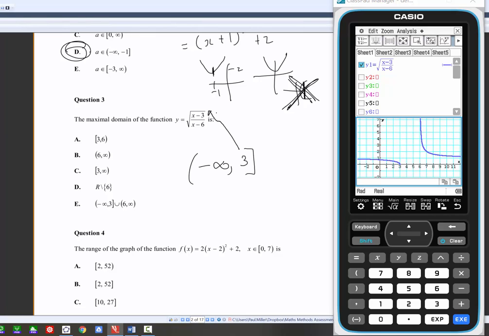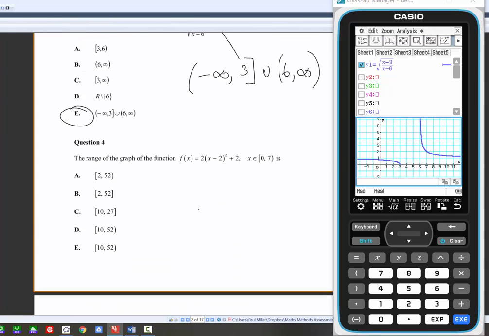Now, why including 3? Well, that will generate 0 here. 0 divided by anything will be 0. So it will accept that value. Union with, from here, it's going to be kind of asymptotic behavior tending towards x equals 6 all the way to positive infinity. All right, let's see. There it is.